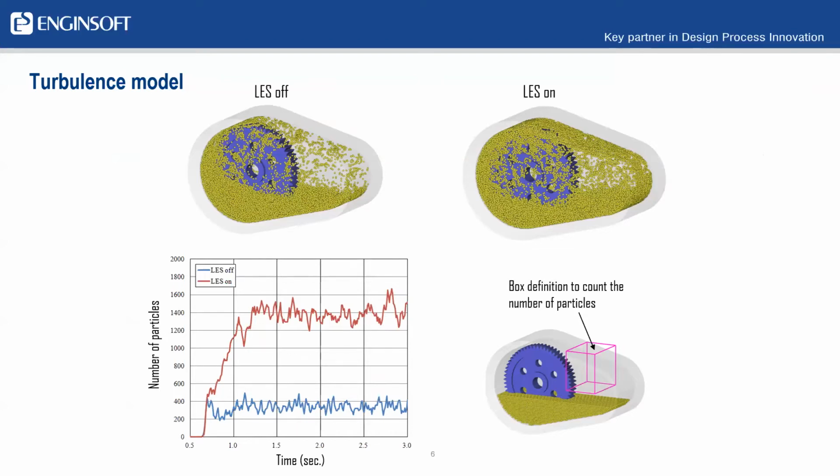We can see that with the turbulence modeling turned on, this graph in red has significantly more particles in that region than with the turbulence modeling turned off. If you try this with different simulations, the effects will be different. It is largely dependent on the particle size, and also on the speed of your simulations, how fast a gear is rotating, how fast the fluid is moving within your simulation.